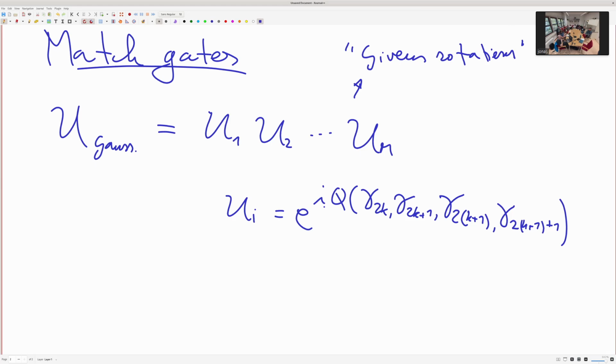Nearest neighbor. Exactly. But you first basically decompose it in not the nearest neighbor, but 2x2, and then you can put in some swaps to make it nearest neighbor or something like this. But yeah, this can always be done.